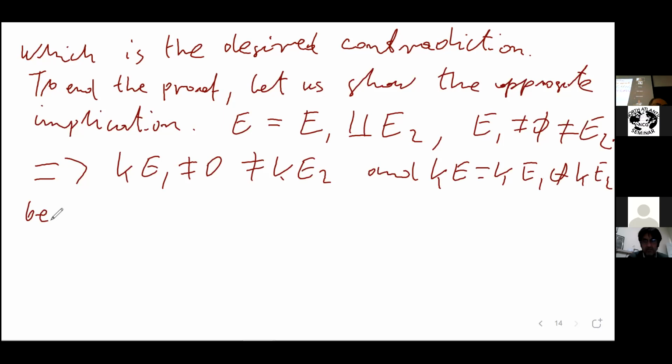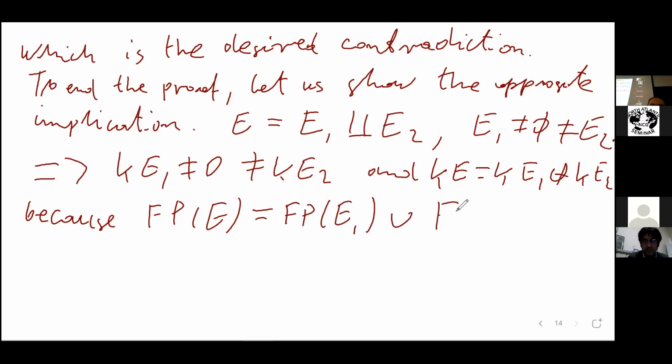because FP(E), so luckily I already argued for it, I already argued for you that FP(E) is just FP(E1) union FP(E2). There can be no paths that mix edges, vertices from one subgraph with another. We already argued about it. So FP(E) is the union of FP(E1) and FP(E2).